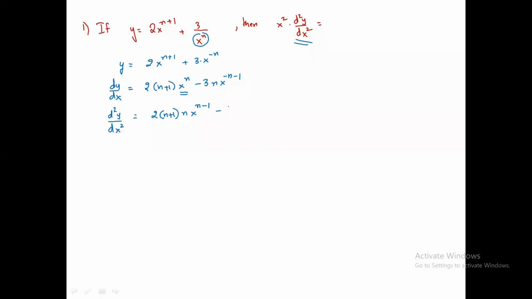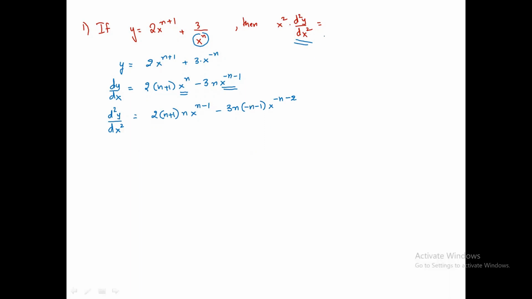Then minus 3n is a constant. Derivative of x power minus n minus 1 will be minus n minus 1 into x power minus n minus 1 minus 1. So minus n minus 2. This is what we have.